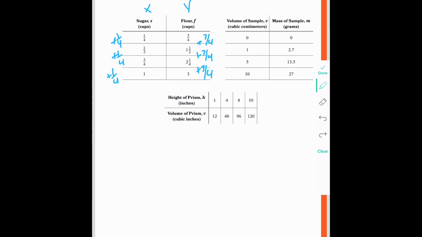If we look at the next table, this table over here, one way to initially tell that most likely it's proportional is because it has the coordinate 0, 0. So as I said before, you have an X and you have a Y. So if I look at, let's say, the volume of sample V in cubic centimeters, the mass of sample M in grams.